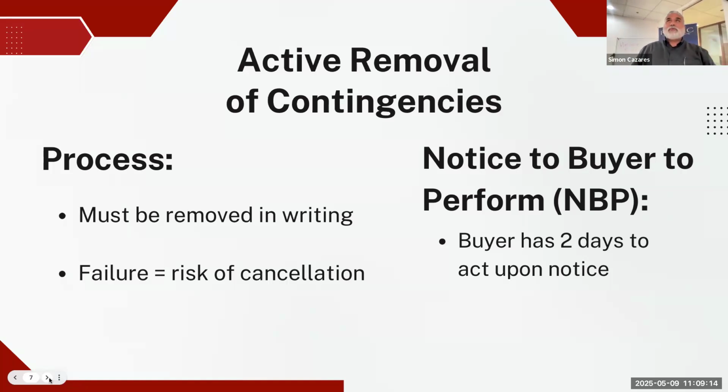Meaning that tomorrow would be 1, and then 2 would be, as an example, Sunday, right? But remember, if a contingency falls on a weekend or holiday, it reverts to the next calendar day or business day. Okay? So that's how it works.